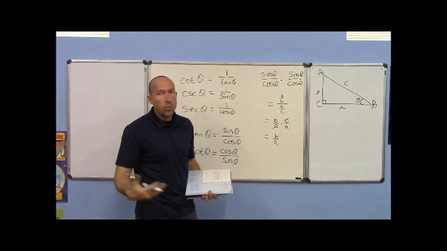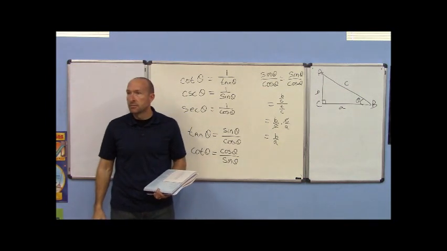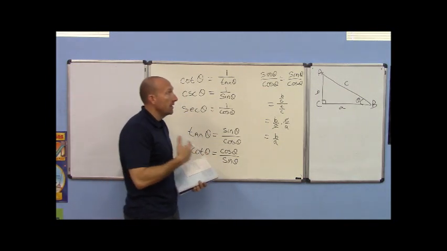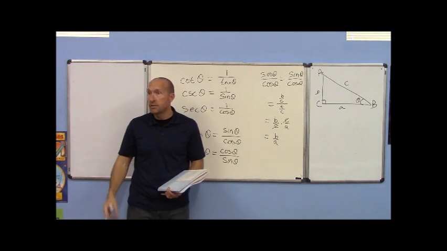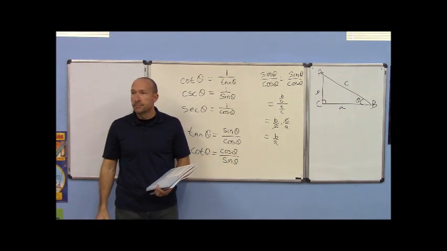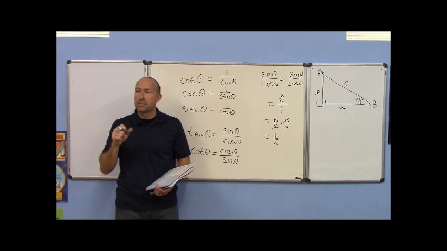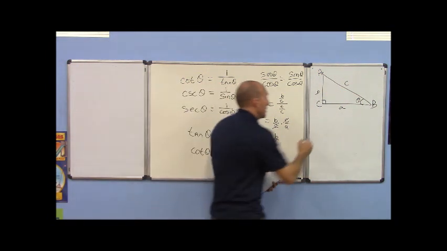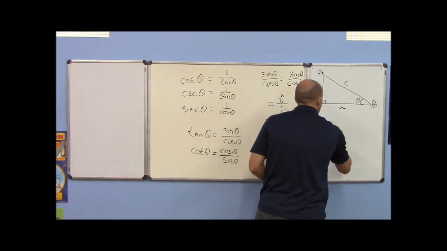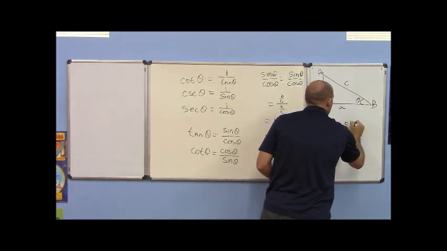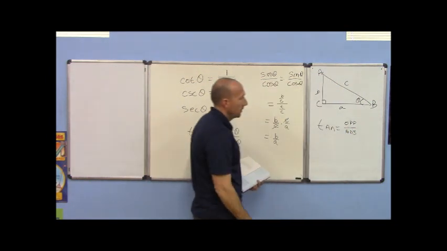Well, what is tangent? If sine is opposite over hypotenuse, what's tangent? Hypotenuse over... Tangent doesn't use hypotenuse. Oh yeah. So tangent equals the opposite over adjacent. Okay?